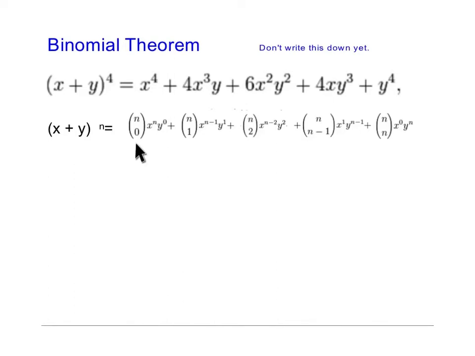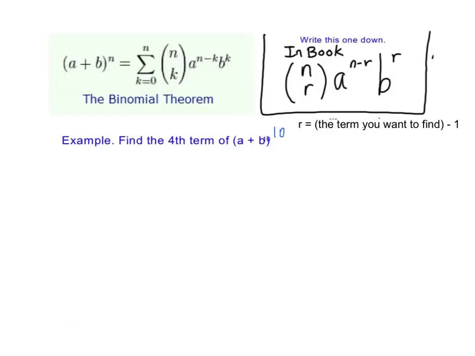Now, how this relates to Pascal's triangle is that you can get the numbers either using Pascal's triangle or these combinations. So the binomial theorem can be summed up by this formula right here.